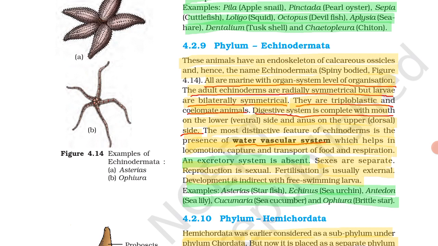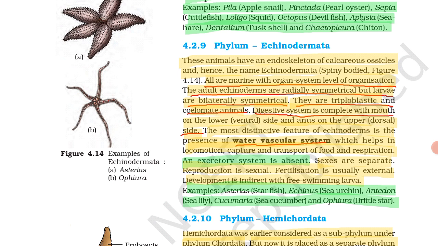In all organisms, the upper body part is the dorsal side and the lower is the ventral side. So the anus is on the dorsal side and the mouth is on the ventral side.